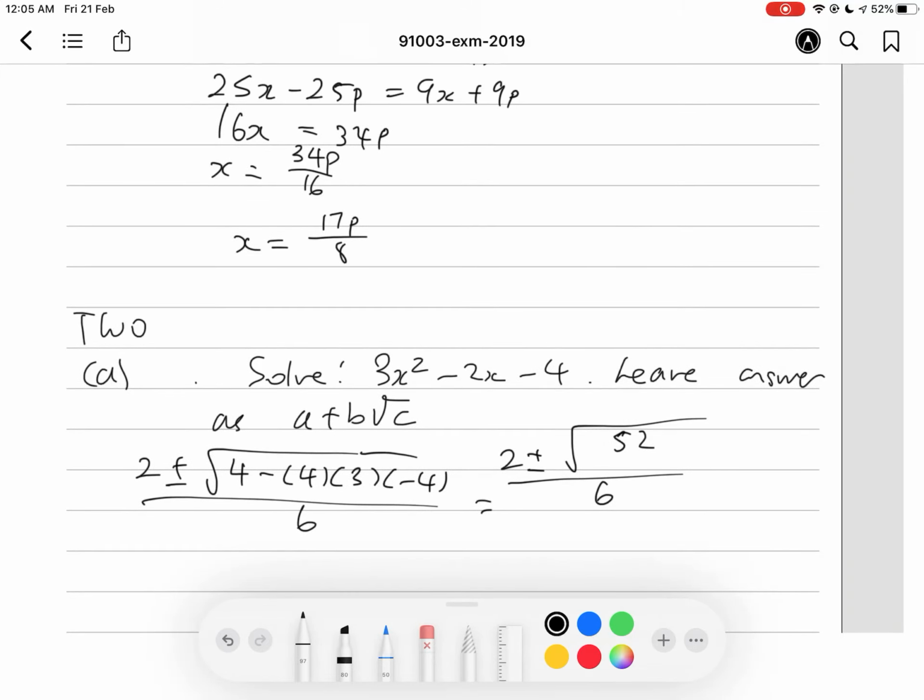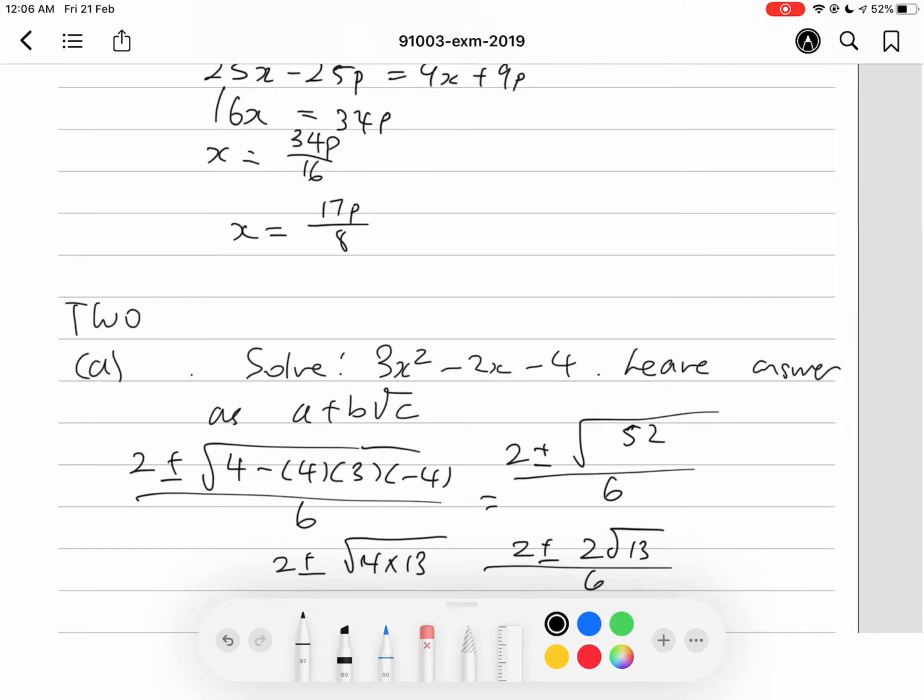Alright, so we can simplify this even further. Square root of 52 can be simplified to square root of 4 times 13. And if we square root the 4, that will leave 2 on the outside. So 2 plus or minus 2 square root of 13 over 6.